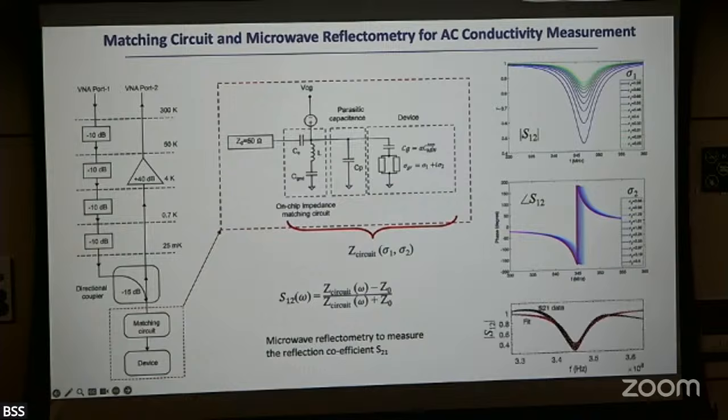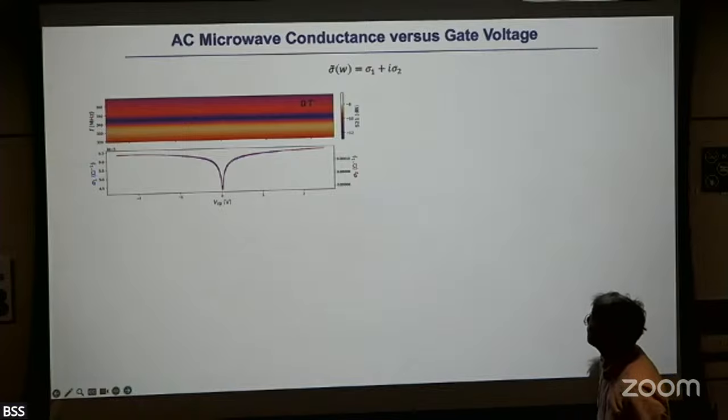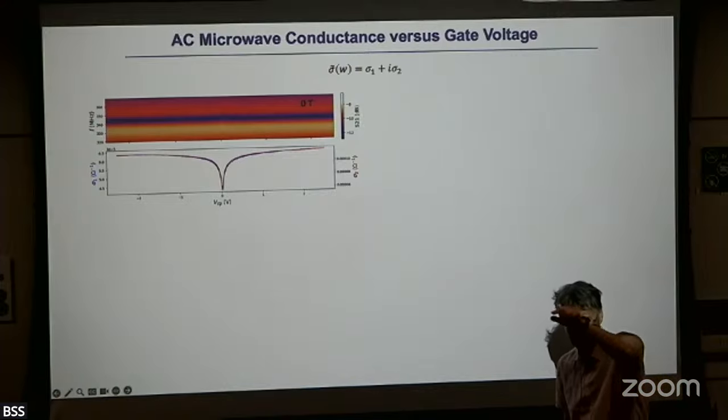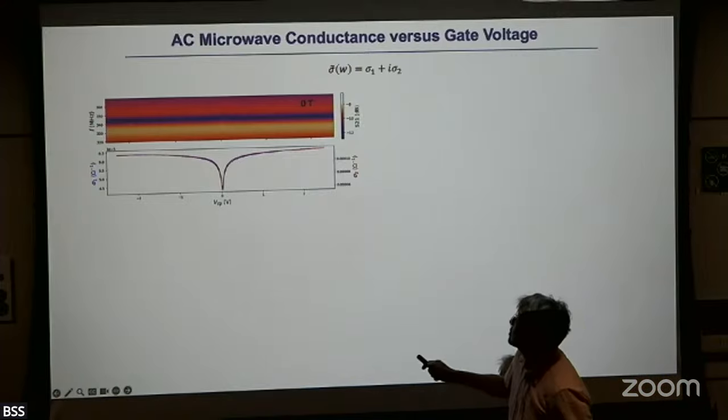This measurement I'm going to show you is still under development, so I don't have really strong conclusions, but at least it gives you the flavor of what experimentalists can do here. Here I'm showing the reflectance spectrum that we are measuring. This is the frequency that we are sweeping, and this is the gate voltage we are sweeping, and this color map shows simply the amplitude change of this resonance that we are measuring in the complex circuit.